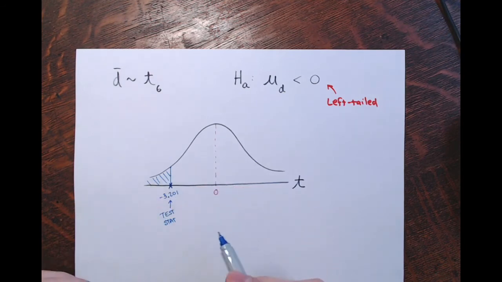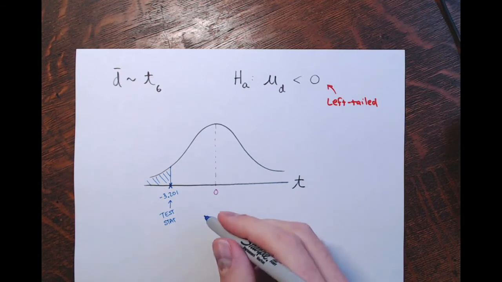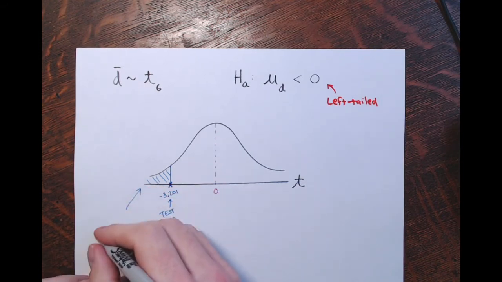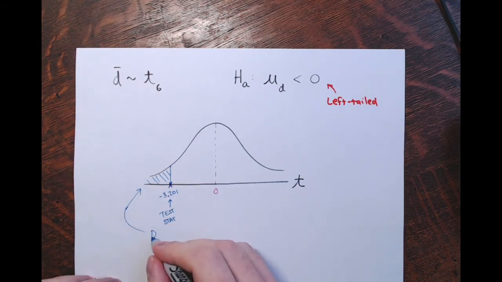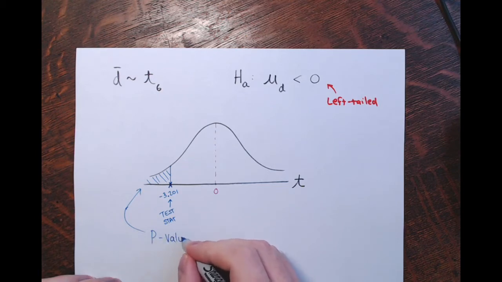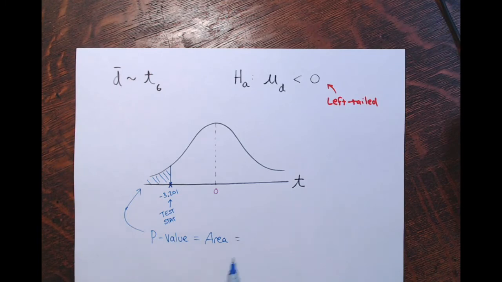If this were a right-tailed test, the p-value would be the area to the right. But the p-value is this area to the left, which I can find on my calculator. I'll show you how to find it.